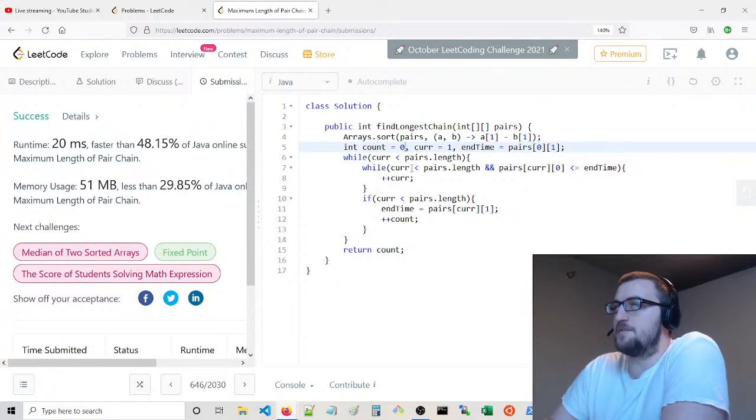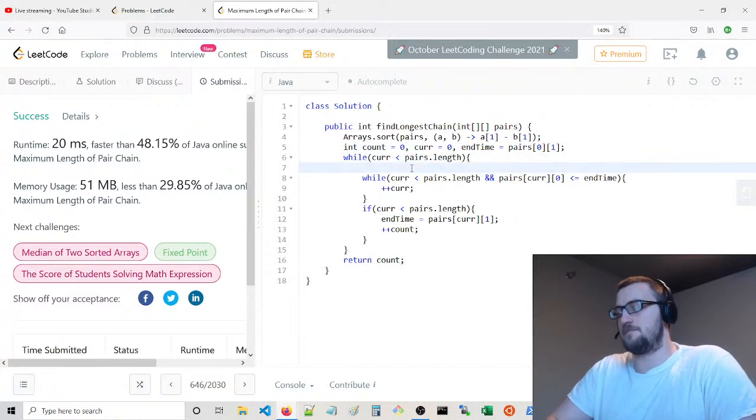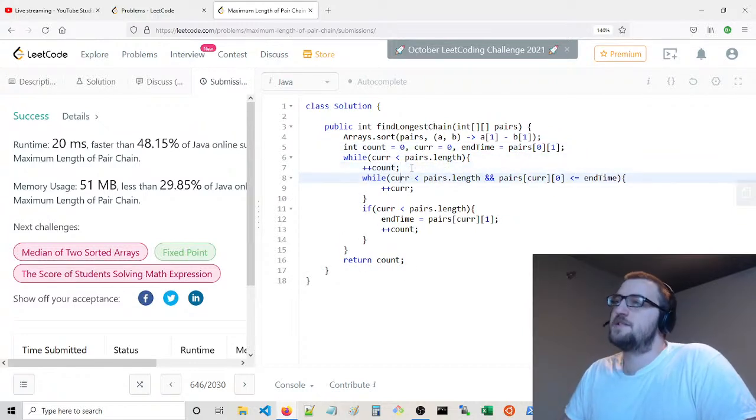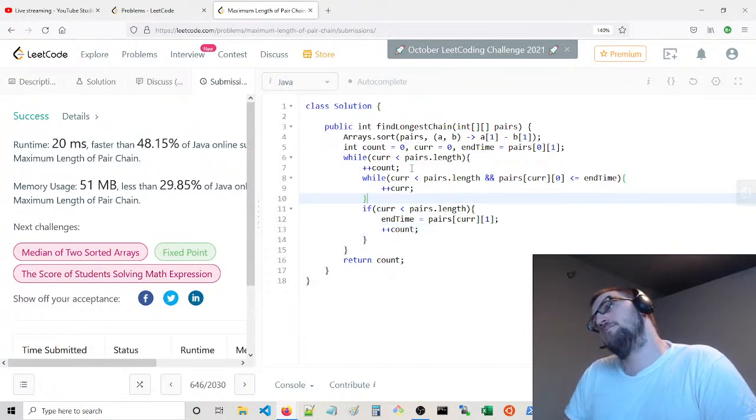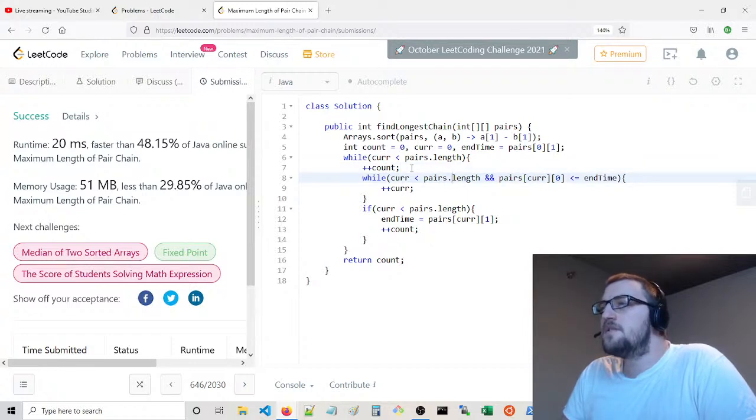And what this fellow did, which is interesting, is clever, is he got one less branch by starting with incrementing the count and then updating current to... I don't know, does this make sense to do it this way?